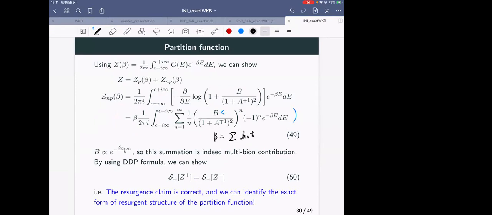Yep, like this, where A is also 1. So this quantity is part of the expansion in H bar, and also this B. Actually, B's leading part is the bion, plus some H bar correction terms. So this is the trans-series form of the partition function.